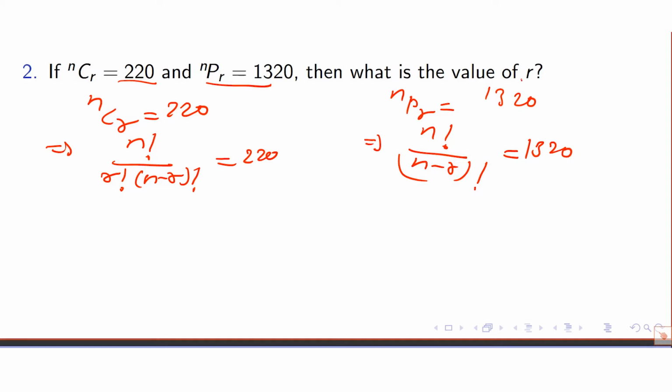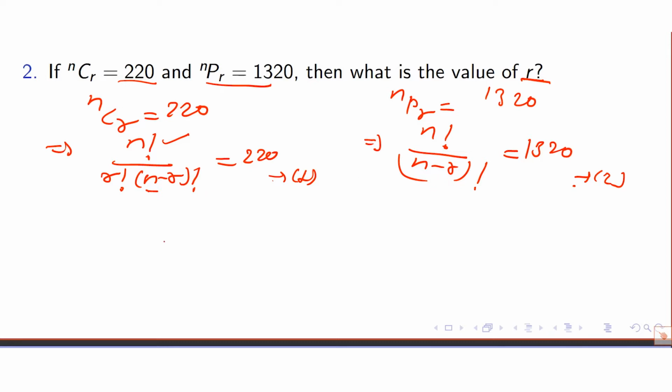Now I have to find the value of r. We have two equations and two variables, n and r. Let's say this is the first equation and this is the second equation. By dividing the second equation by the first, n factorial will be cancelled out from the numerator, and (n minus r) factorial will be cancelled out from the denominator.